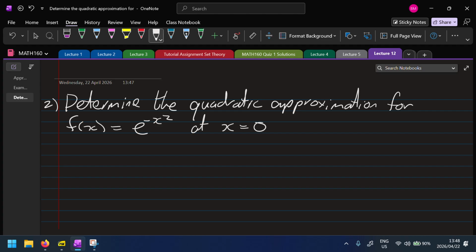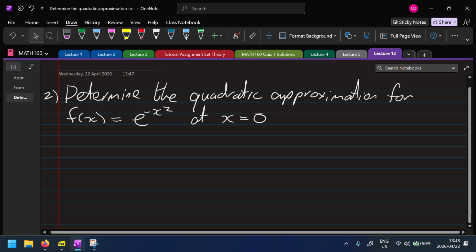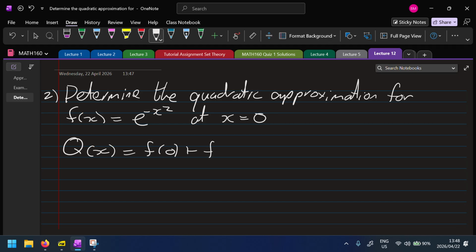Okay, so let's write out the formula, see what we need to find. So the quadratic one, that will be q. That will be f at 0 plus f prime at 0 times x plus 1/2 f double prime at 0 x squared. Right, that was the formula we got for the quadratic.